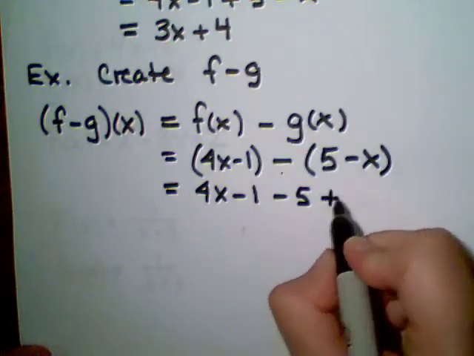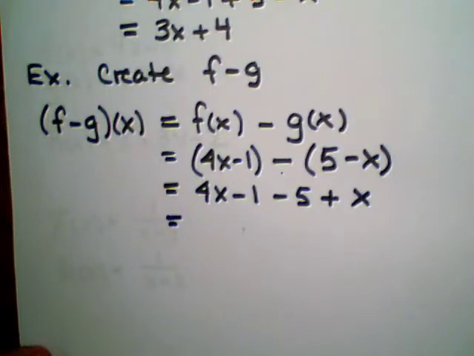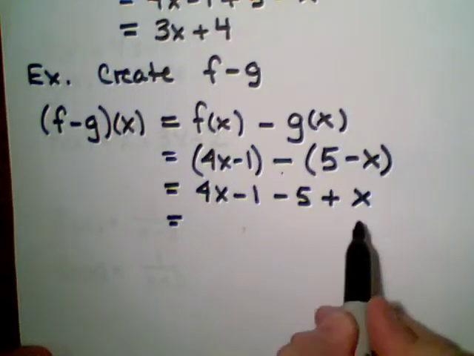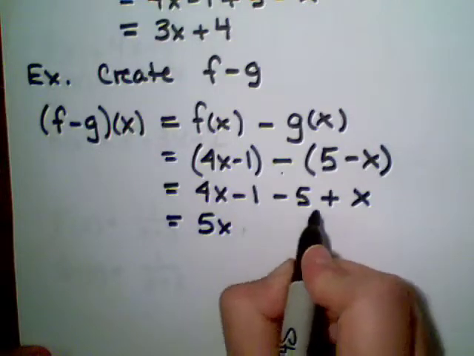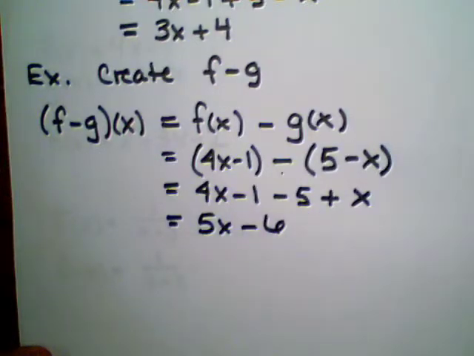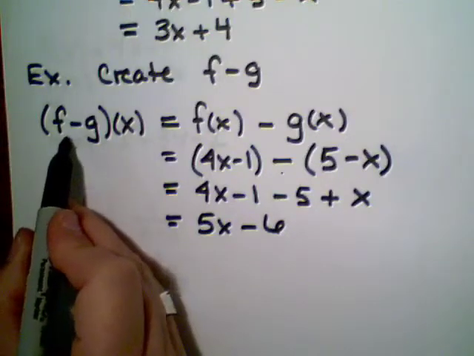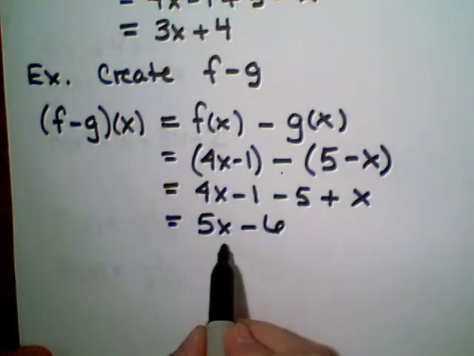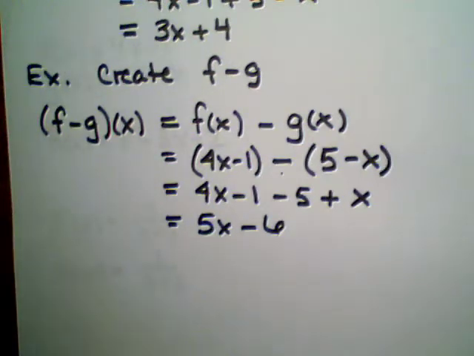Subtracting a negative can be written as addition, and that term becomes positive. And now we collect our linear terms for a total of 5x, and collect these constant terms for a total of negative 6. Our new function, the difference function f minus g, ends up being the linear function 5x minus 6 with the domain of all real numbers.